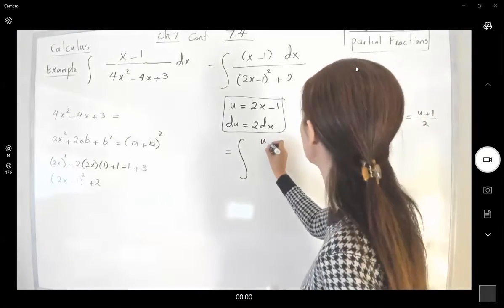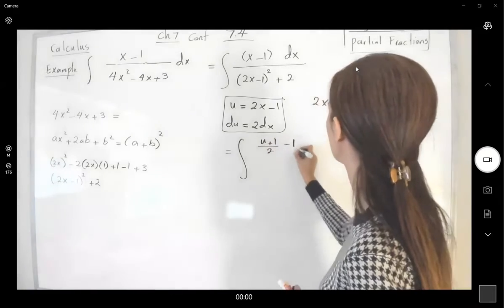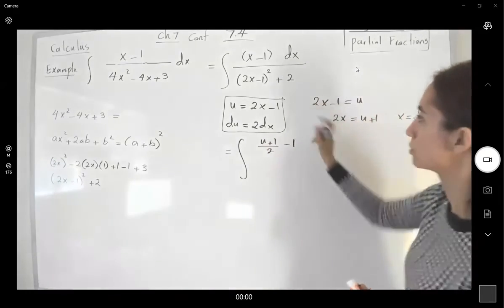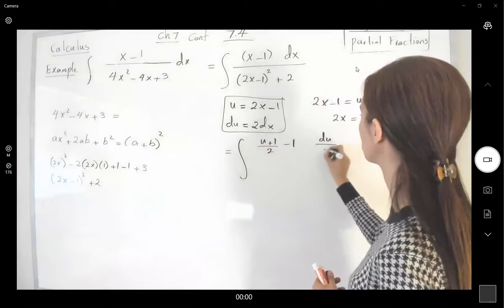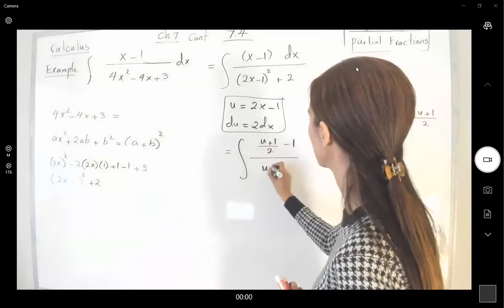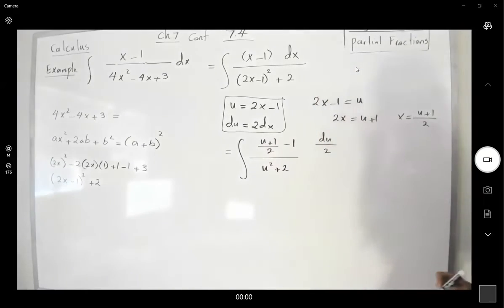You get u plus 1 over 2 minus 1, and here you have du divided by 2, u squared plus 2.